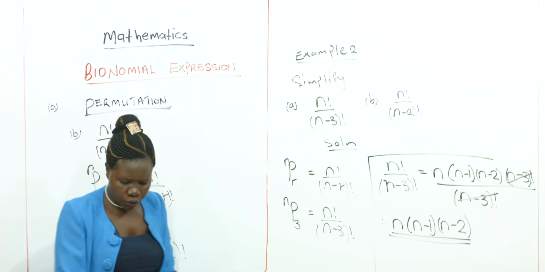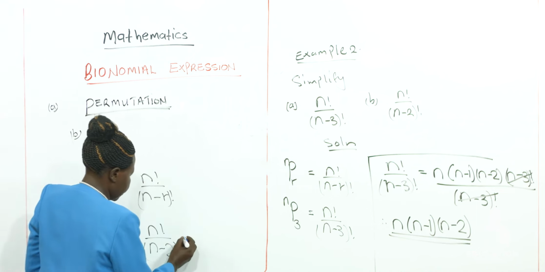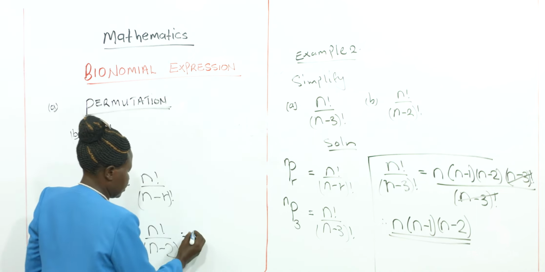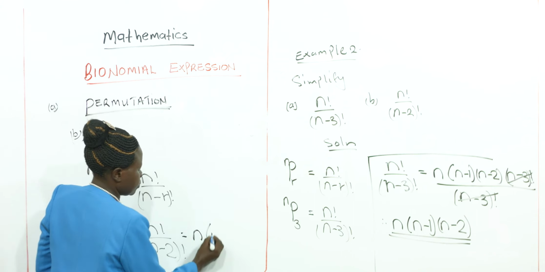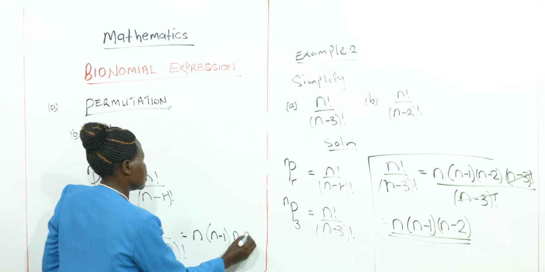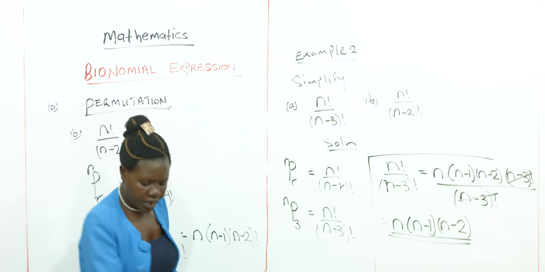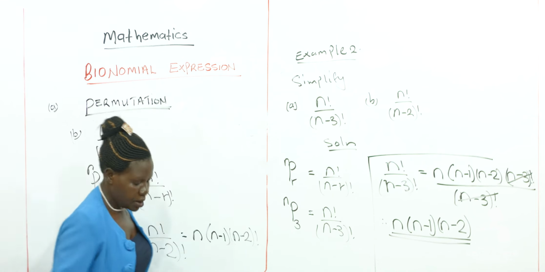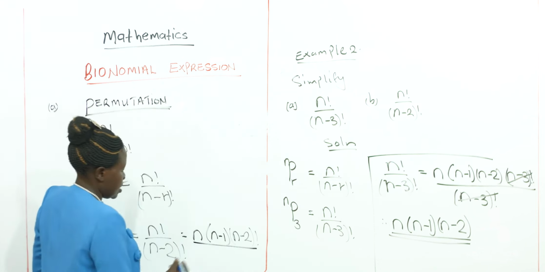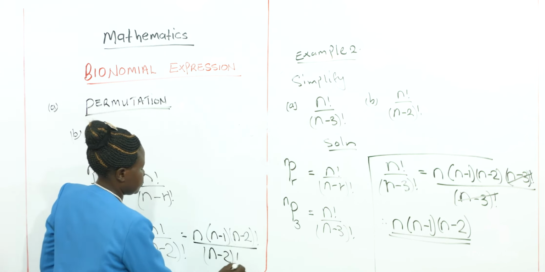It means you are going to expand the numerator to get n into n minus 1 into n minus 2 factorial. Then you eliminate your fraction over n minus 2 factorial.